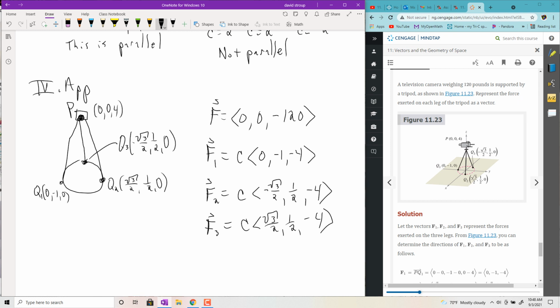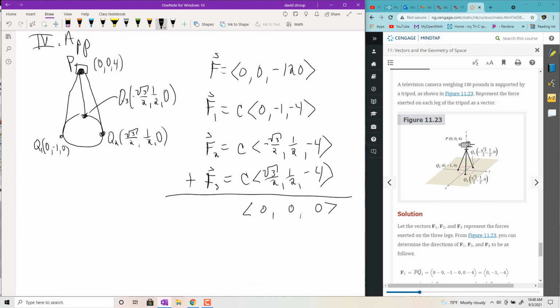Because this system is in complete equilibrium, if you add these three force vectors together, you'll get them equal to the camera force vector. Maybe I should rewrite it. If I add all four together, then it will just be 0, 0, 0, because the camera isn't wobbling or anything.